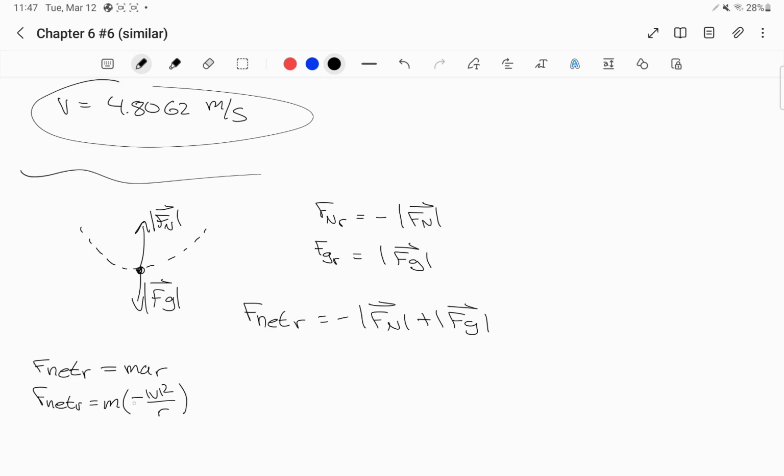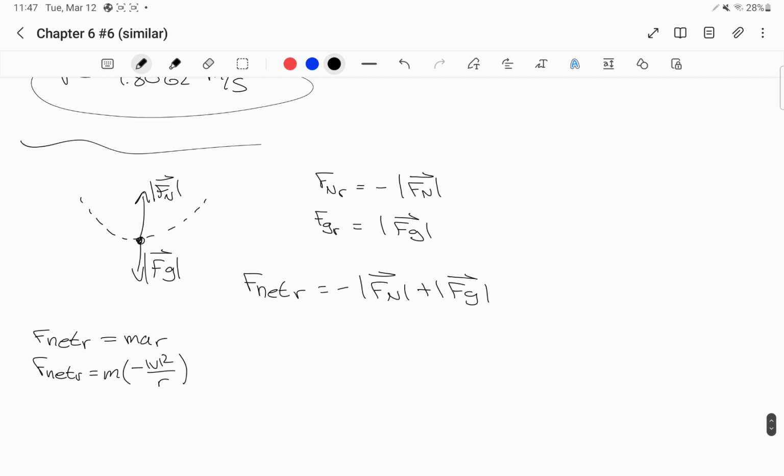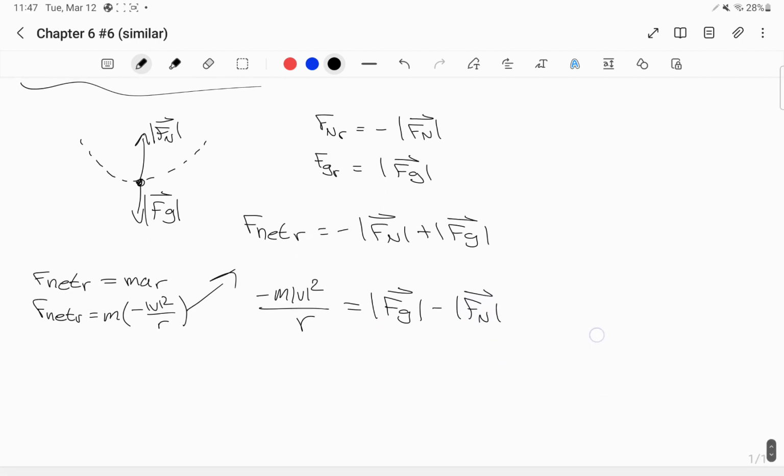So therefore it's negative. So plugging everything in, we would have negative m, the magnitude of v squared over r, equal to F of g minus F of n.